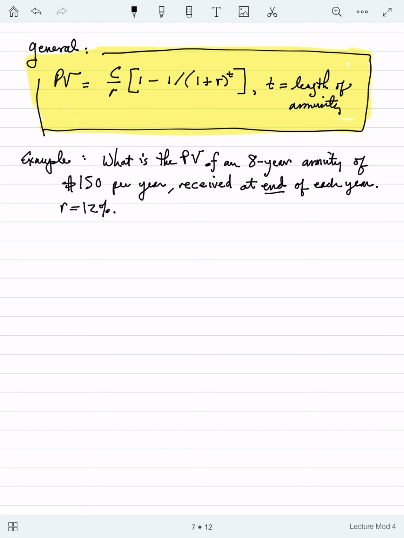So we just use this equation. We can say present value is C, which is 150, over R, 0.12, and then that's times 1 minus 1 divided by 1.12, raised to the 8th power. You can construct this carefully.